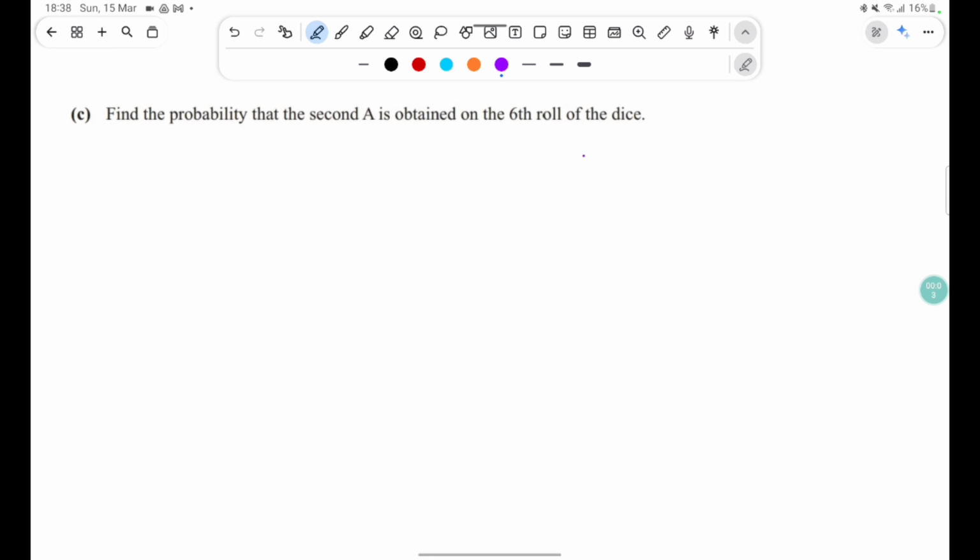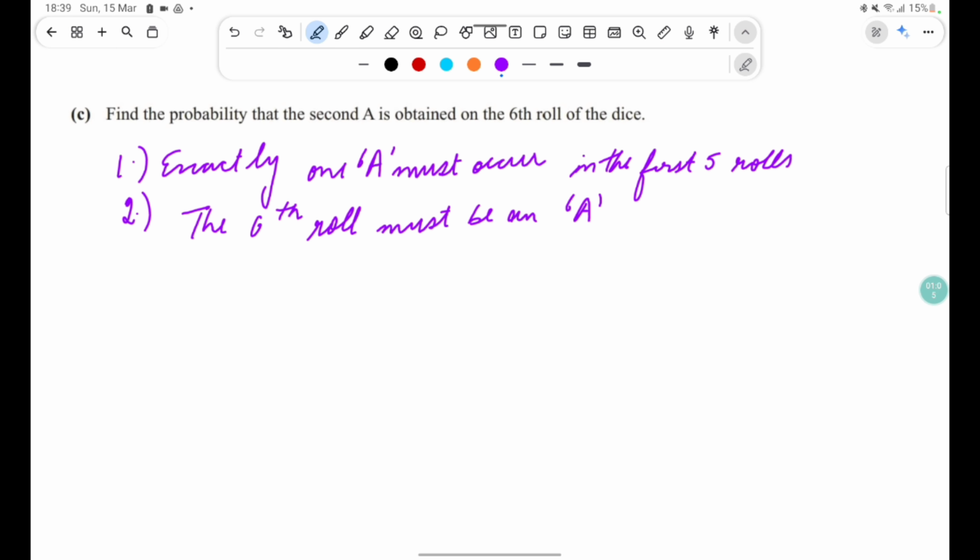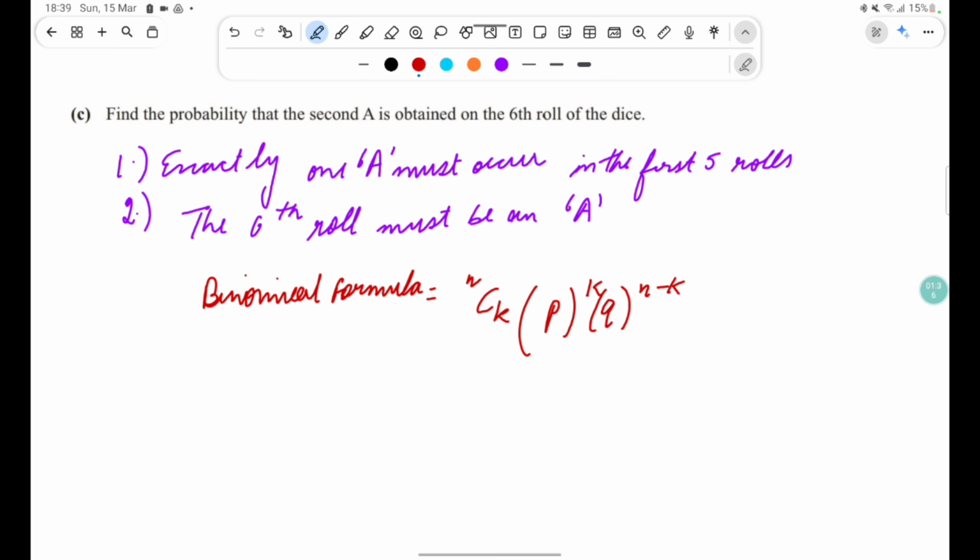Now part C: we have to find the probability that the second A is obtained on the 6th roll of the die. For the second A to occur exactly on the 6th roll, two things must be true. First, exactly one A occurs in the first 5 rolls, and the 6th roll must be an A. For the first case, to find the probability of 1 A in the first 5 rolls, we'll use the binomial formula, which is nCk p to the power k q to the power n minus k.